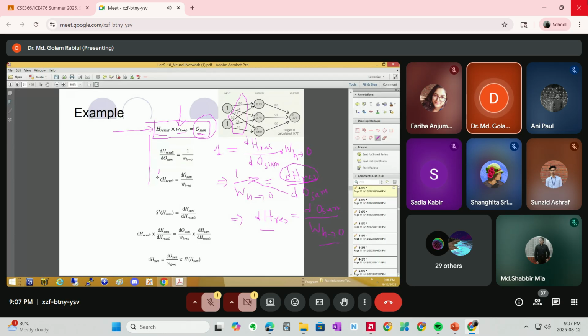So that's what is written: delta hidden results equal delta output sum by WHO. Consider that this is equation number 1.